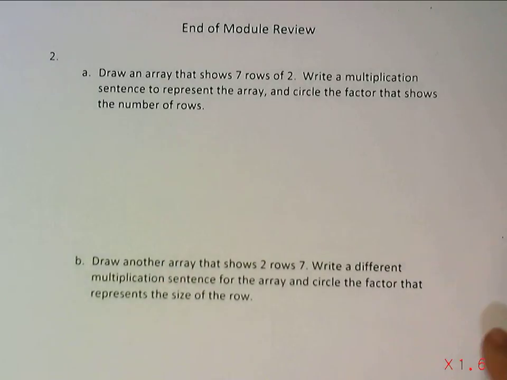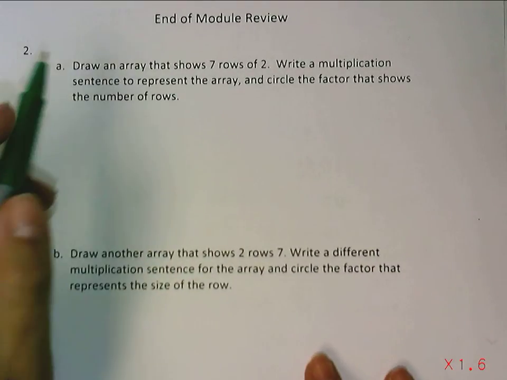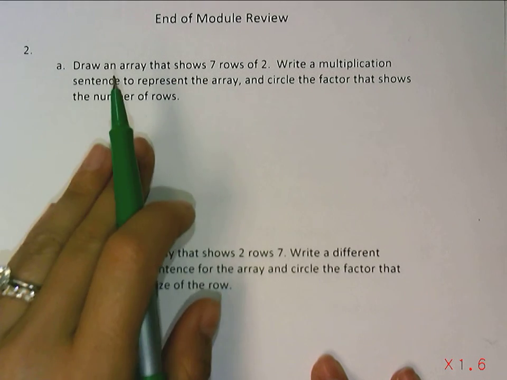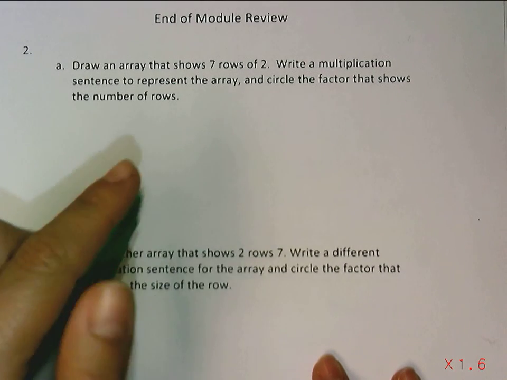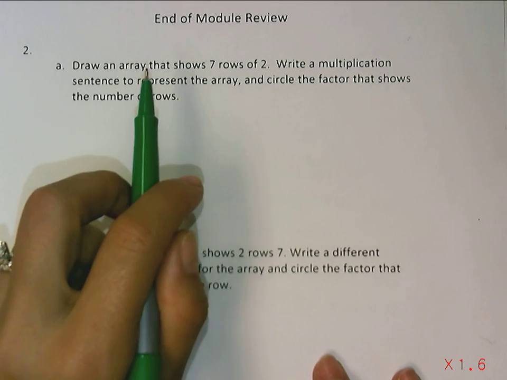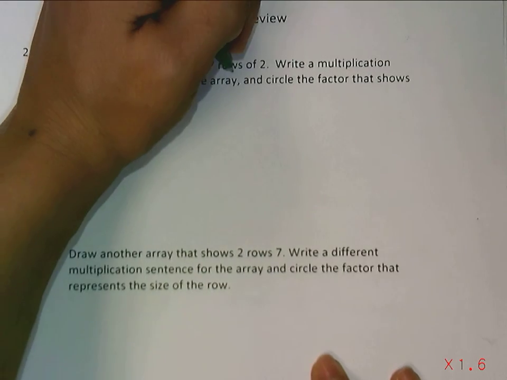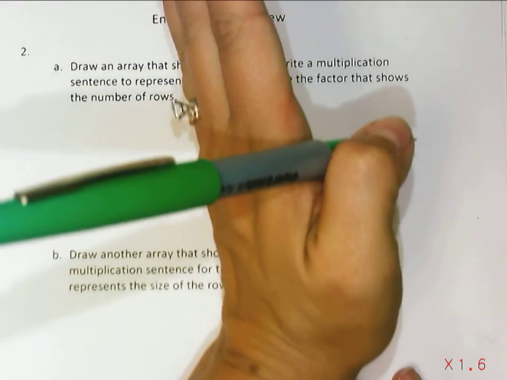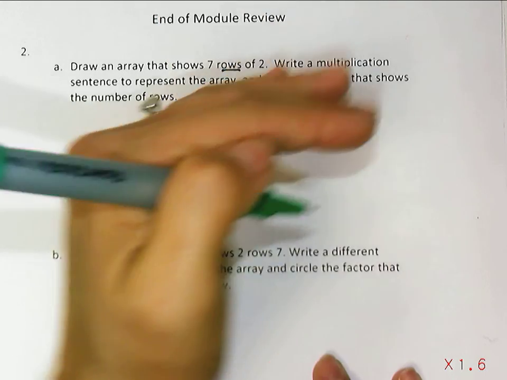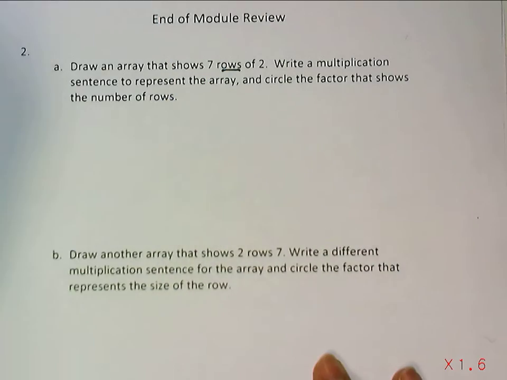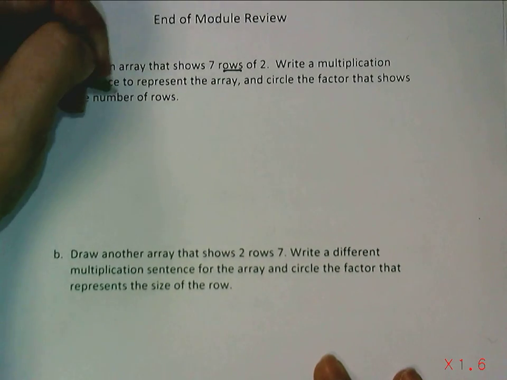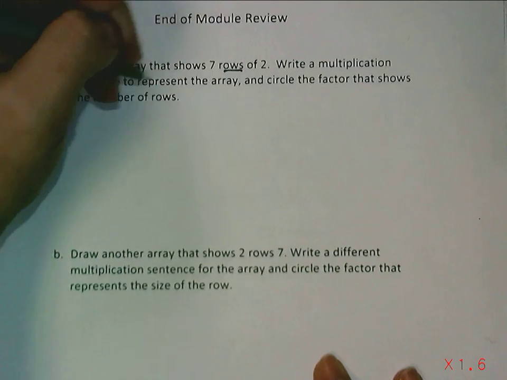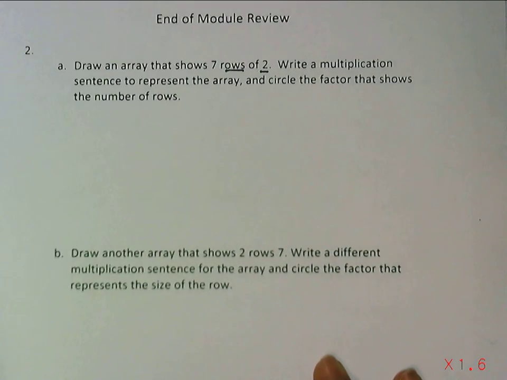Okay, so let's just look at step 1. Draw an array that shows 7 rows of 2. Well, I'm using what I know about arrays, and I know that rows go this way and not this way. Columns go this way. Rows go this way. So I'm going to start by making 7 rows of 2. So now I know there's 2 in each row.